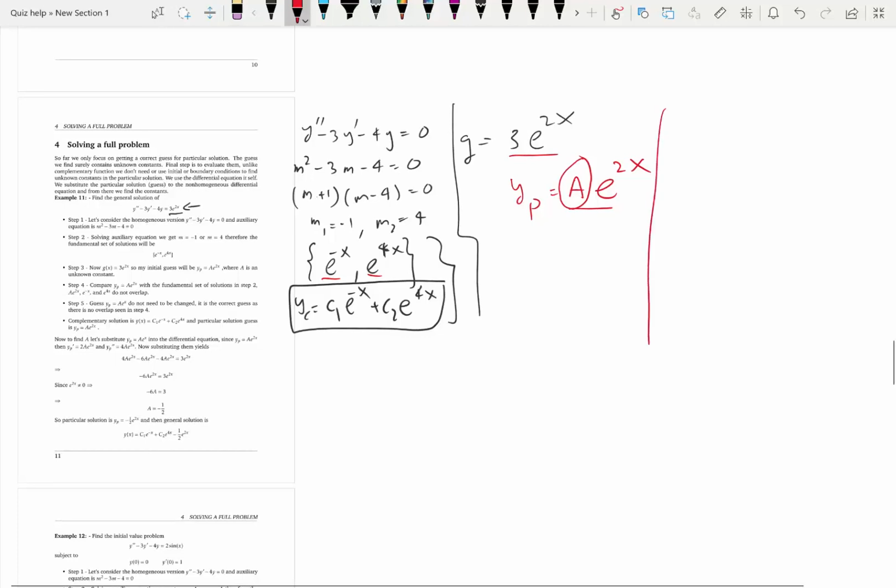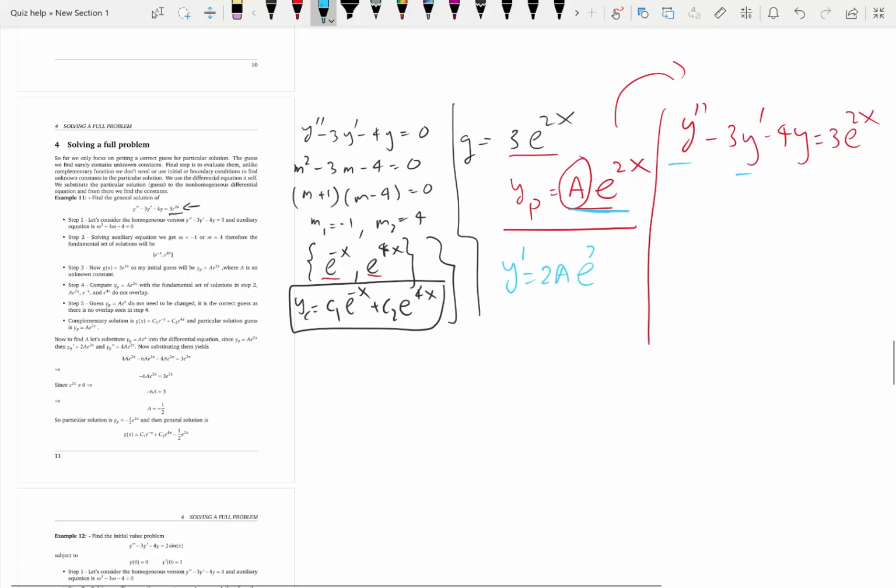Well, we take our guess and substitute it into the non-homogeneous differential equation, and solve for constants. Okay, so let's do that. To substitute this back, we need to find y prime and y double prime, right? So we have y, and y prime will be, if you differentiate, 2 comes out, so 2A e to the 2x. Then differentiate one more time, so it will be 4A e to the 2x.